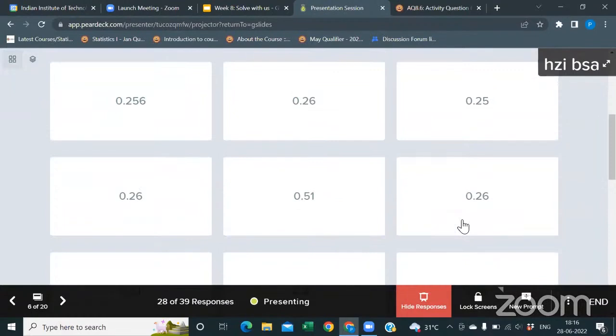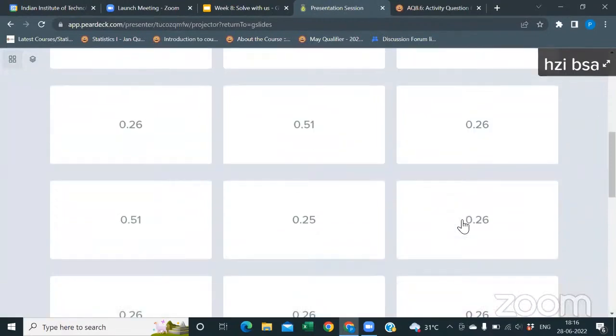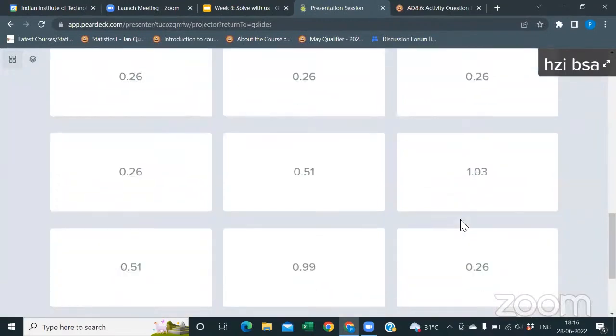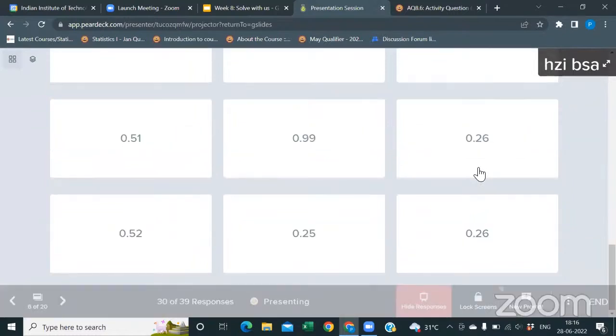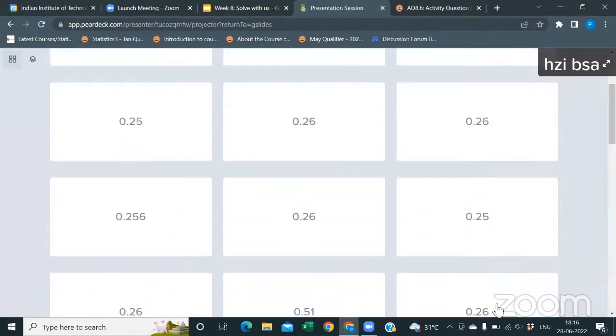Let me see the responses from your side. 0.25, 26, 51, 0.26, 0.26. Someone has entered 1.03, but probability cannot exceed 1, first of all.